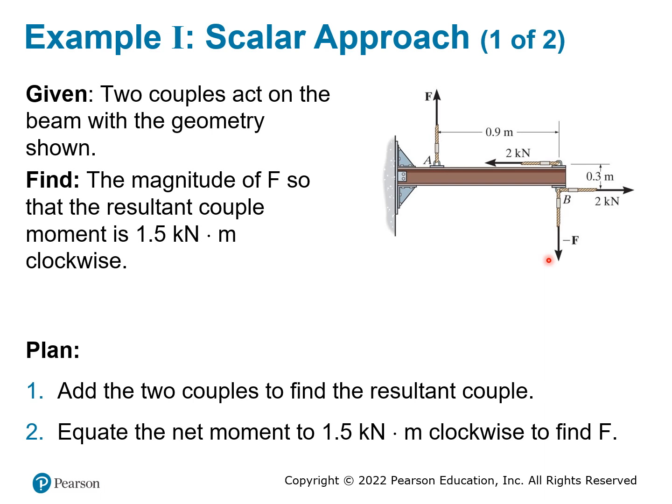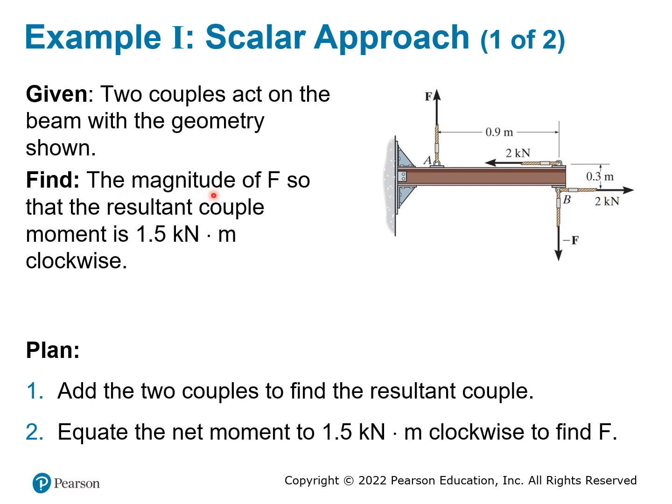And remember, a couple force are the forces that have the same amount but opposite direction. At the same time, you have 2k Newton with another 2k Newton. They are at the opposite direction. You also notice that we put the distance between the couple. For the F, we have 0.9 meter. For these 2k Newton forces, we have 0.3 meter.